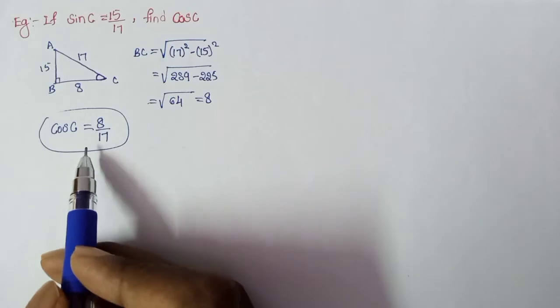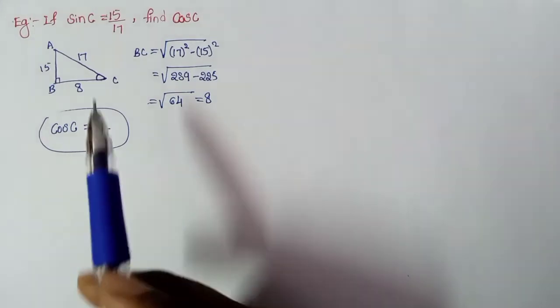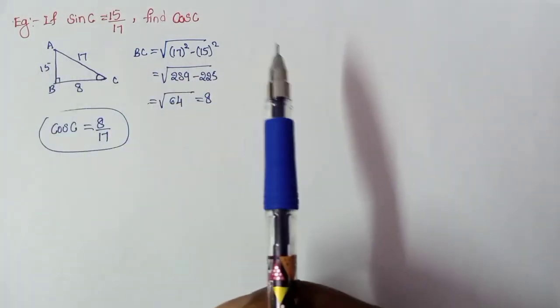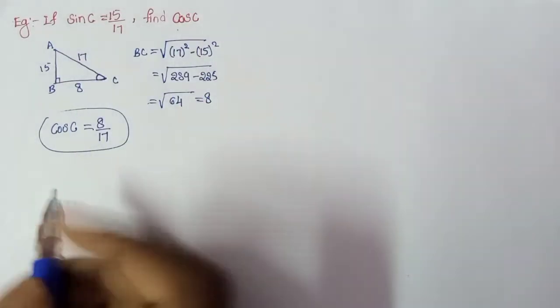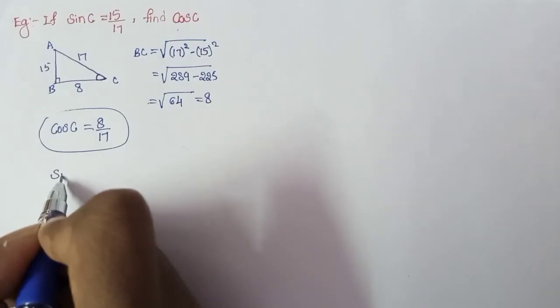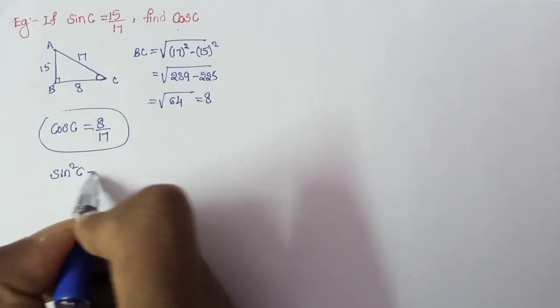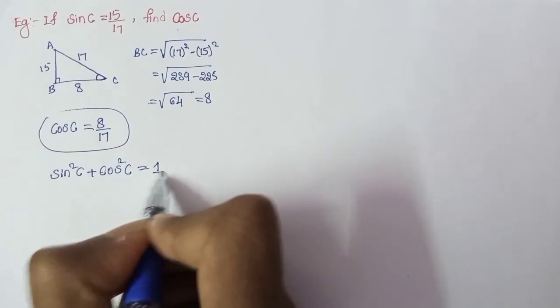Let us derive this answer from the identity relationship, because there is one identity, that is sin square theta plus cos square theta is equal to 1. This relates sin theta with cos theta. So we can find this with the identity. Sin square C plus cos square C is equal to 1.